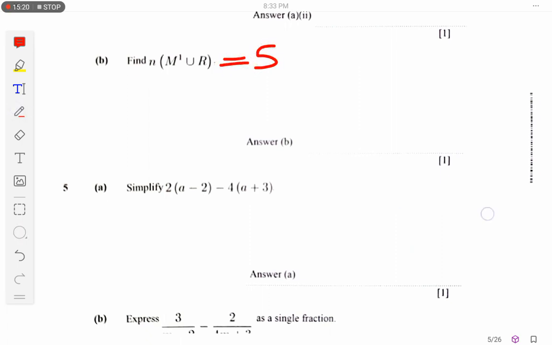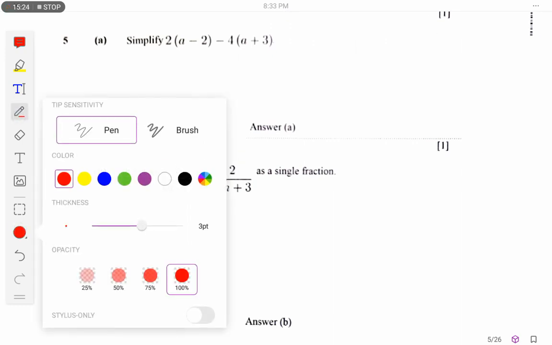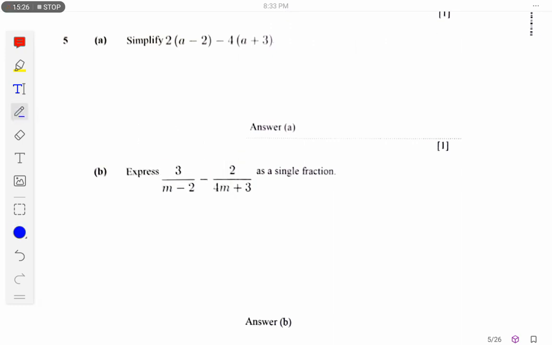Okay. Let's move on. Now number 5 is saying simplify this expression. Okay, so what we do, we remove the brackets here, we remove the brackets there. Okay, let's remove 2 times a, we get 2a, minus 2 times minus 2 there, we get plus 4. Then this last part there, we have minus 4 times a, that will be minus 4a again.